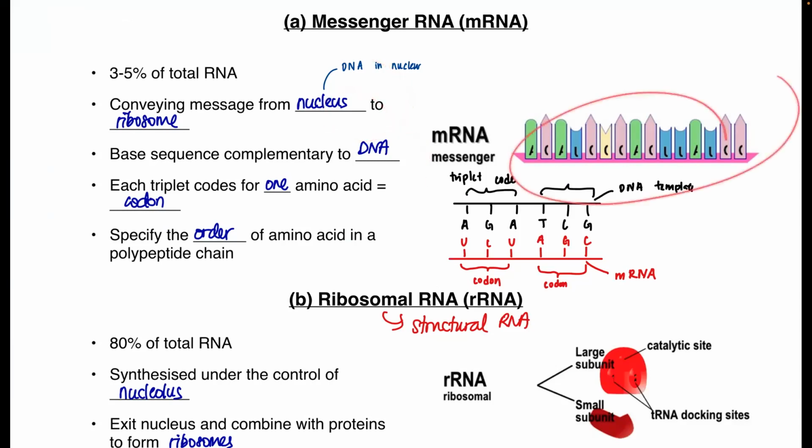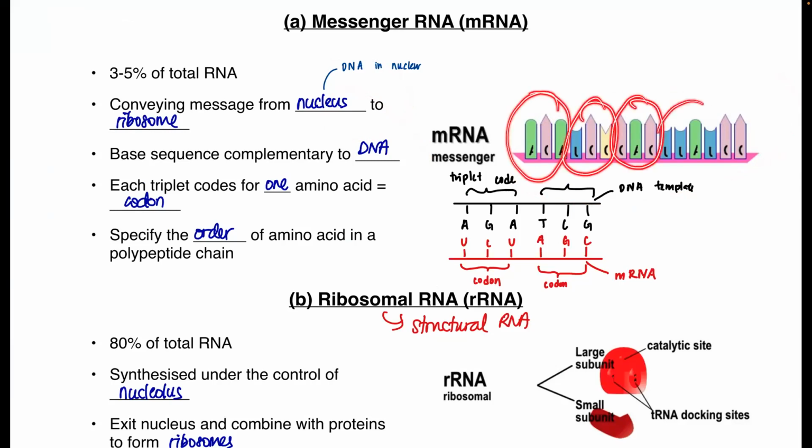The sequence of mRNA is complementary to DNA. Just now we mentioned that every triplet codes for one amino acid. Every 3 of them, we call a codon.